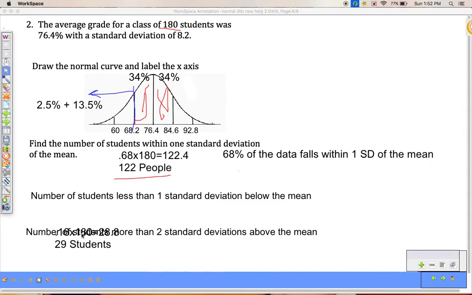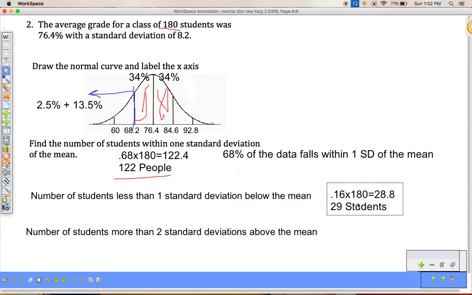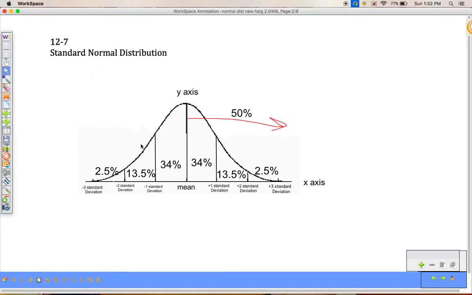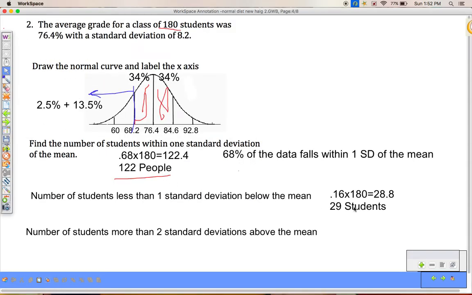The big thing here is understanding what percentages we're working with. Since I want less than 1 standard deviation below, I want this area over here, which is 2.5 and 13.5, which is my 16%, and 16% of my 180 students is 29.